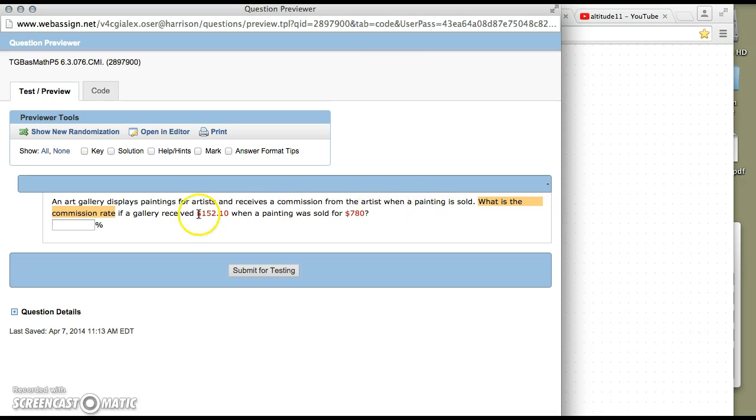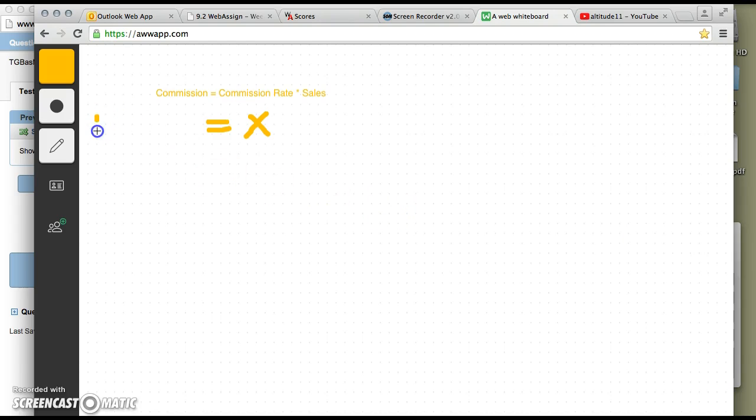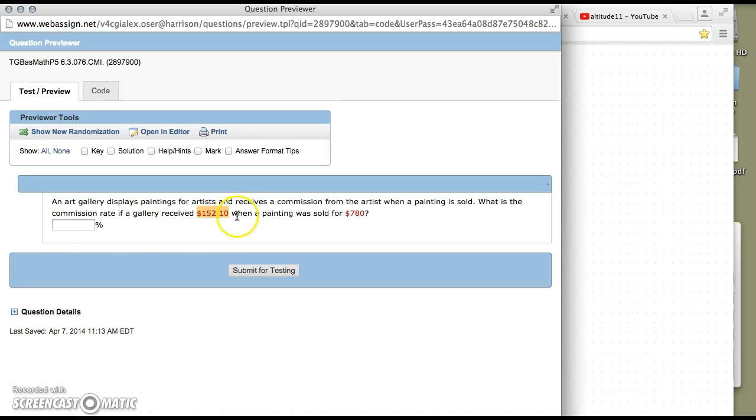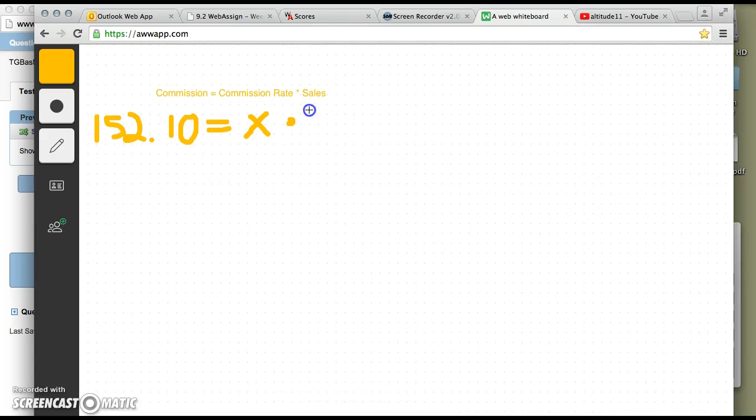So the gallery received $152.10 in commission, and that is equal to the commission rate, which is what we're solving for, times our sales. How much did we sell here? Well, the painting was sold for $780.